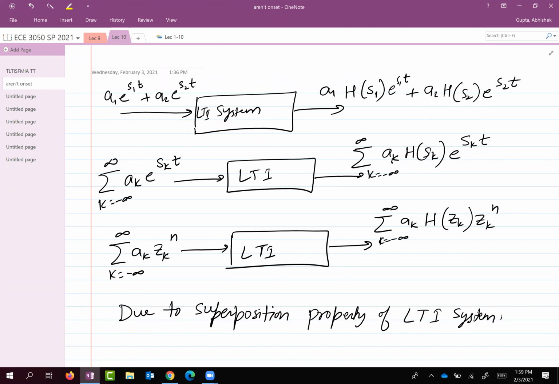So this property is why we are studying exponentials. We will be exclusively studying exponential signals in LTI systems because of the property that is satisfied by these systems.